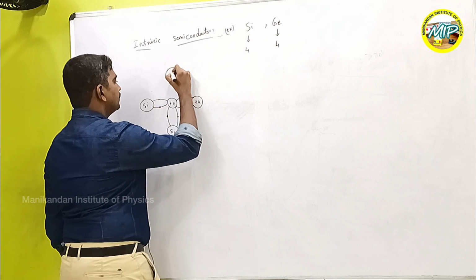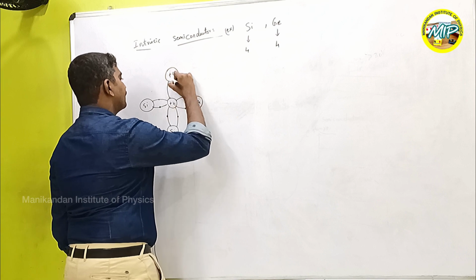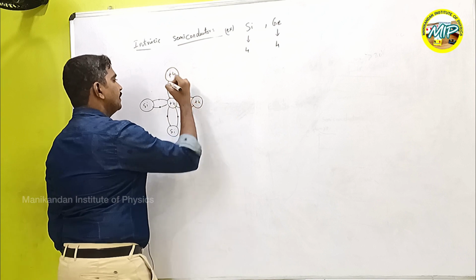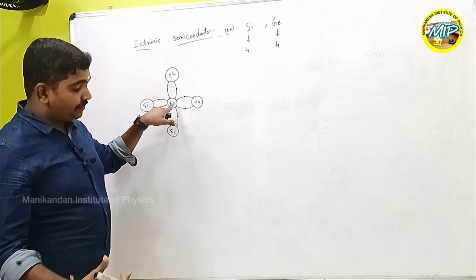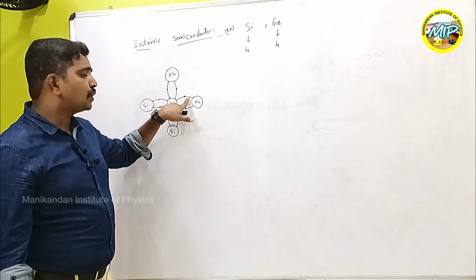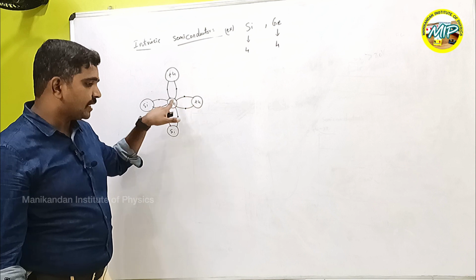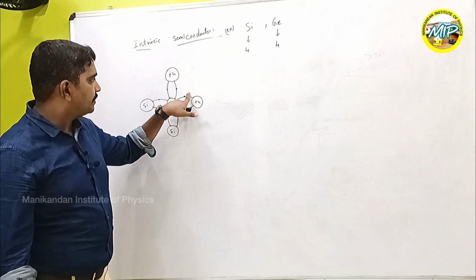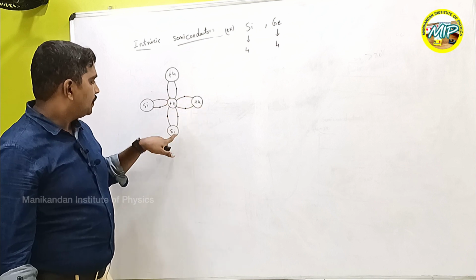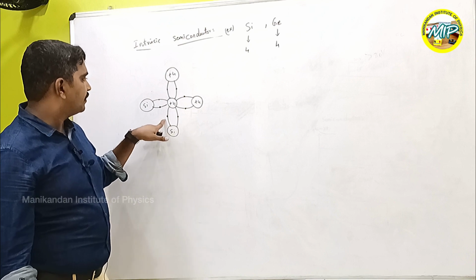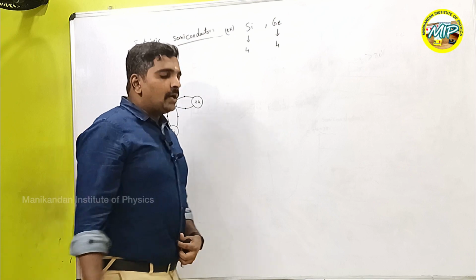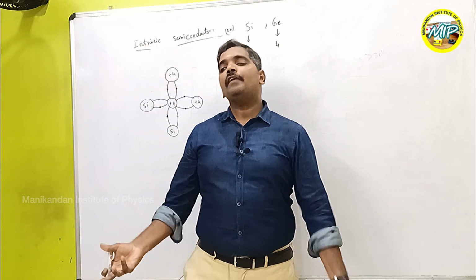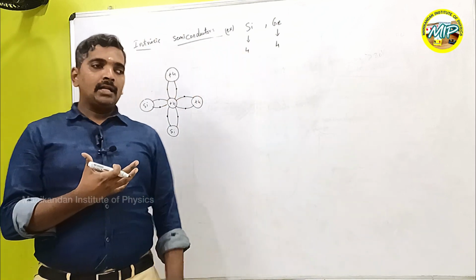So there are 2 electrons in each covalent bond, one from each silicon. This is how there's a sharing of electrons between the silicon atoms.